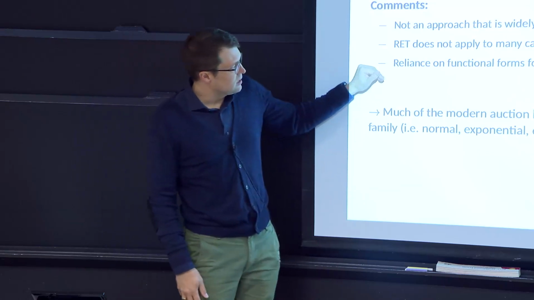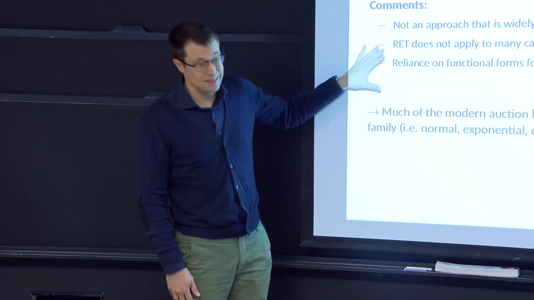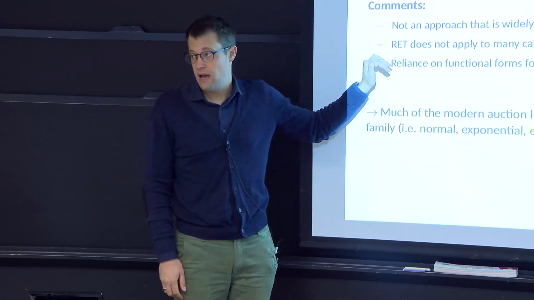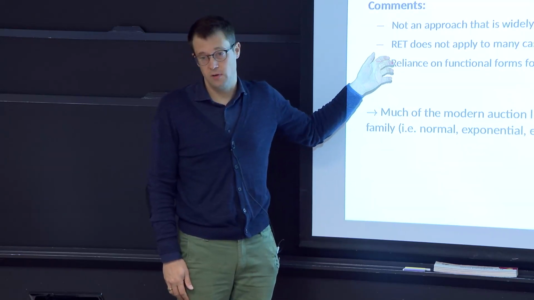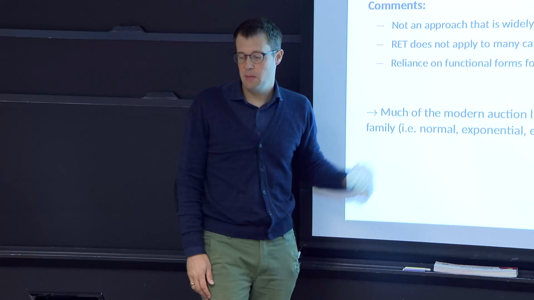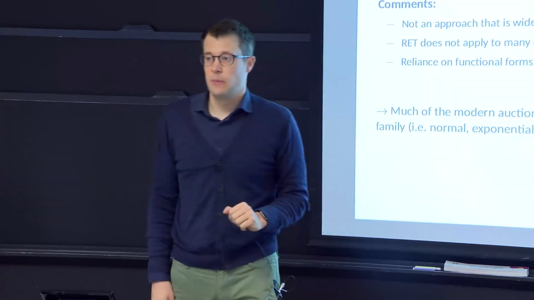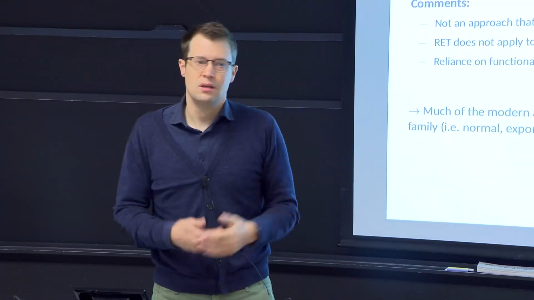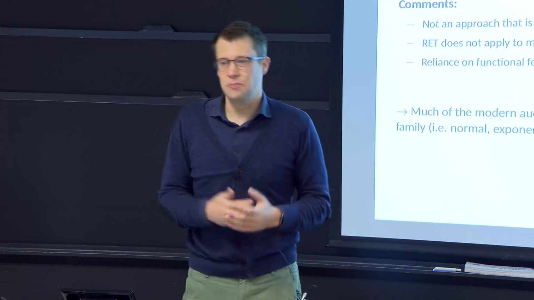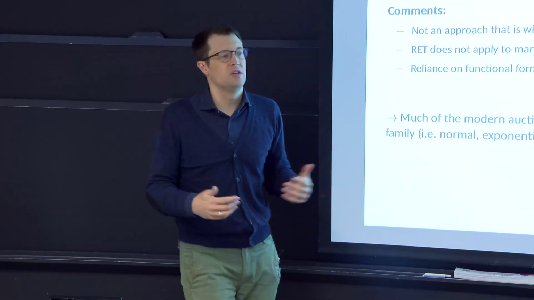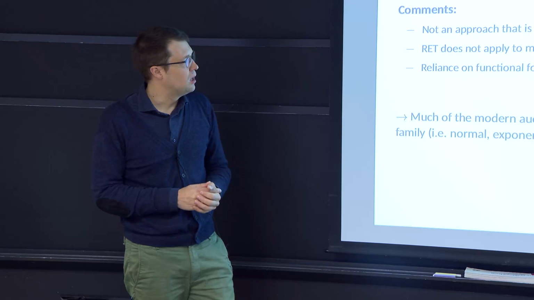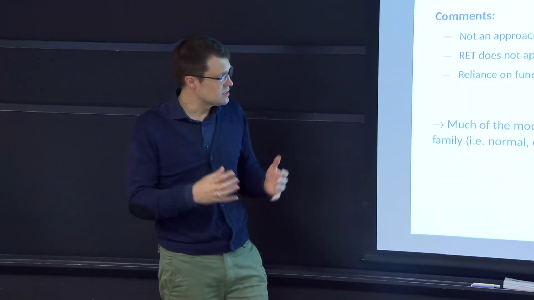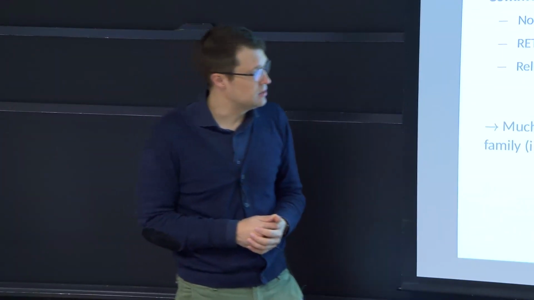The other reason is that people in the auction literature have moved away from strong reliance on functional forms. In this paper, we just assumed a log normal distribution, and people are typically not comfortable saying from the get-go that this is what the distribution of valuations looks like, or that this is the parametric family in which it lies.